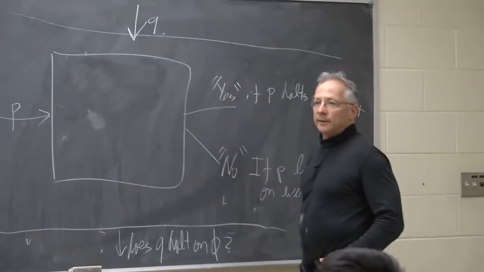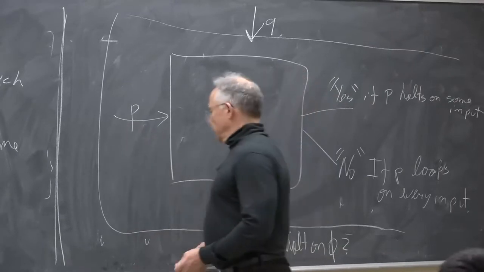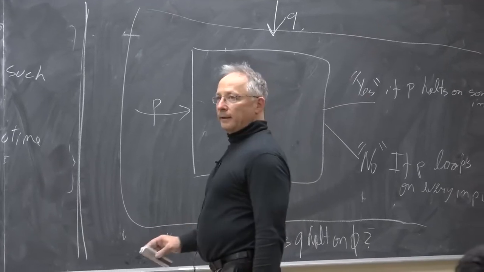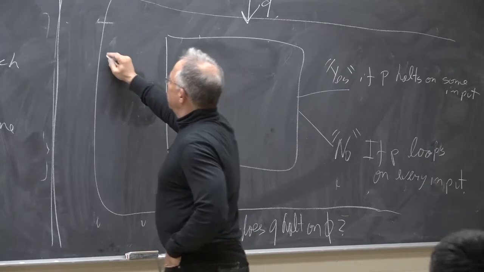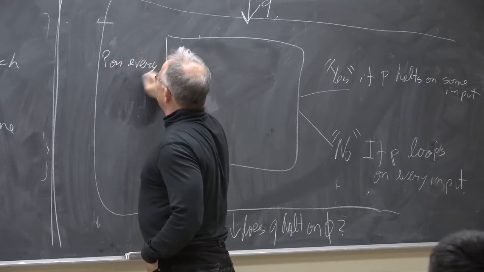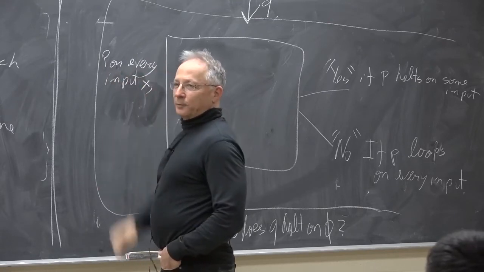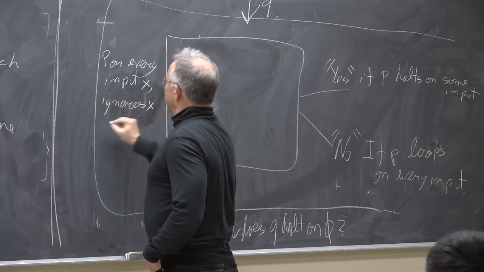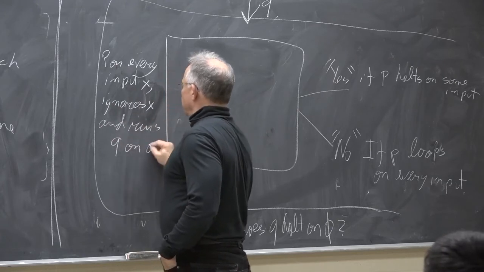Given Q, I will write a new program P. So given Q, my P will be as follows. My P, on every input X, ignores the input X and runs Q on the empty string.